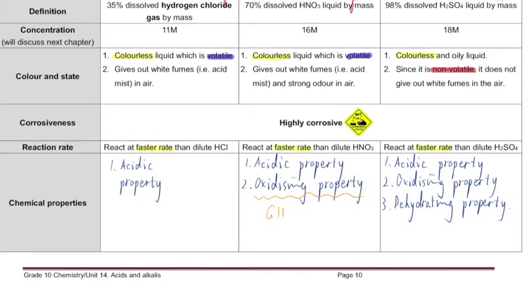That's because, let's write the formula for sucrose, which is C12H22O11, or otherwise we can write it in this form. So when we put this sucrose with concentrated sulfuric acid, it would take away all the water.